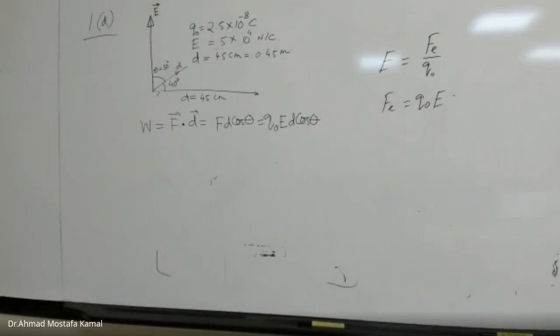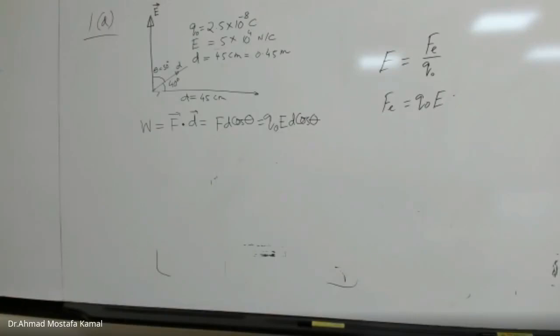Three equal point charges of value 3 into 10 to the power minus 7 coulomb. I hope that you have your problem sheet open. So 3 equal point charges of 3 into 10 to the power minus 7 coulomb are placed at the corners of an equilateral triangle whose side is 1 meter.